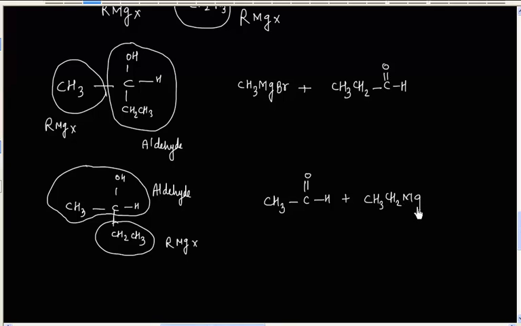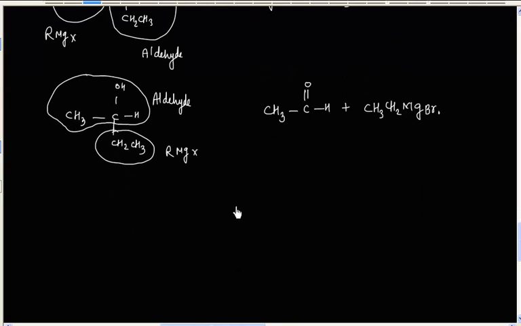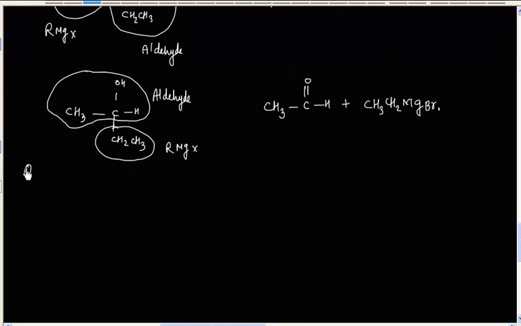So there are two combinations possible in this case. Some cases we will have only one possible combination. For example, if I want to prepare this compound, in this case both alkyl groups are same, so we will have only one combination possible. Either we can take this as a Grignard reagent or this as a Grignard reagent, both are same.